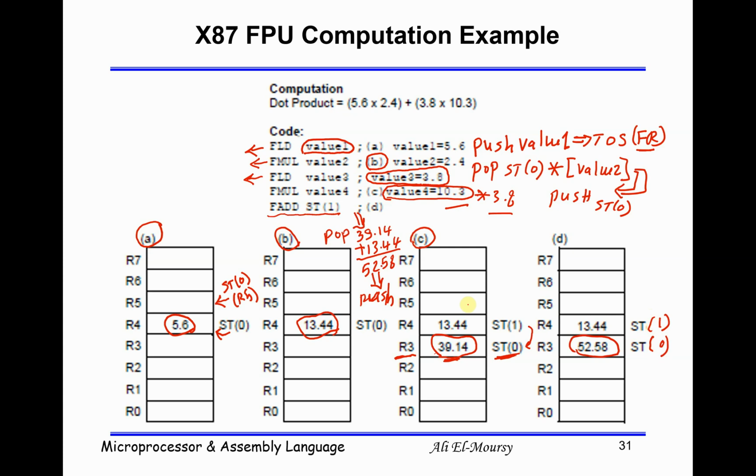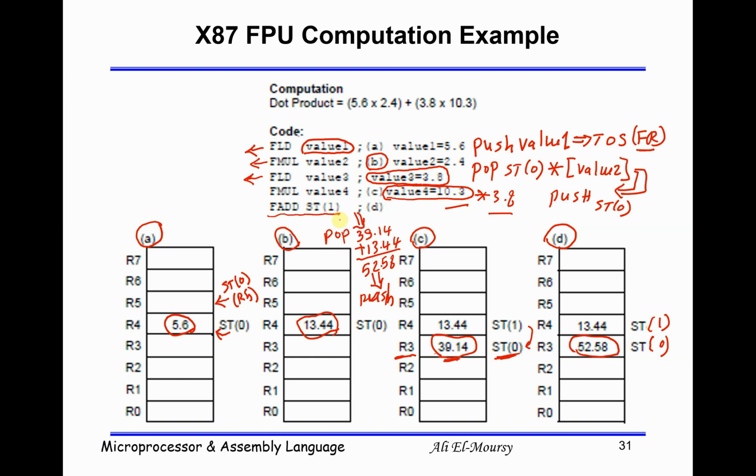This demonstration shows you how the registers are used as a stack, and each instruction will either do just a push or pop if it is a load or store, or it will pop, perform the operation, then push again.